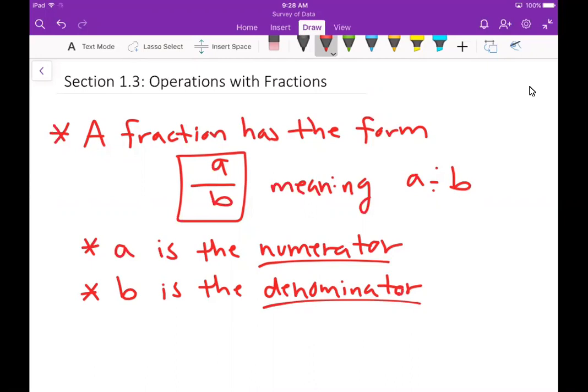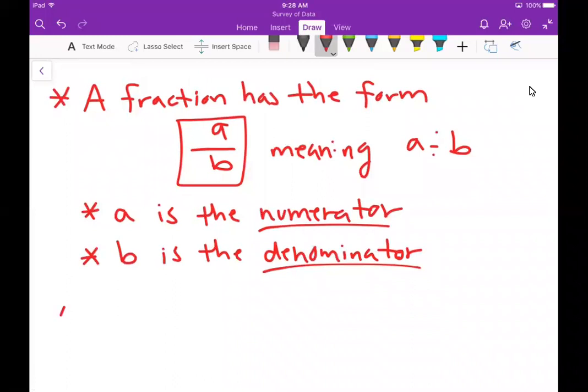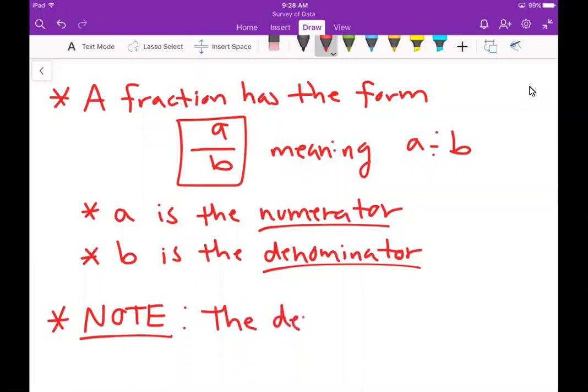One very big note to remember is that anytime you divide, you cannot divide by 0. So always remember that the denominator, very specifically the number in the bottom, cannot be 0 when we're looking at a fraction.